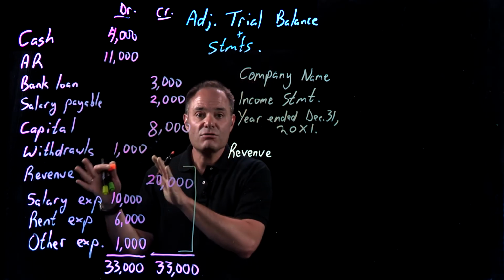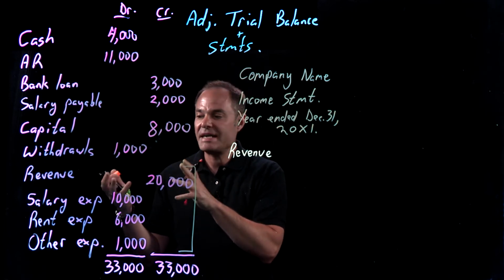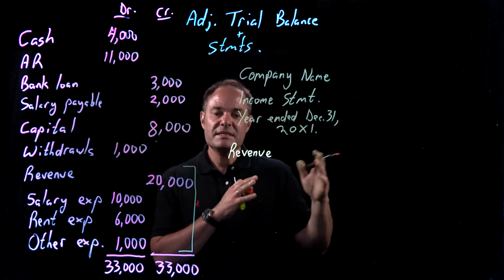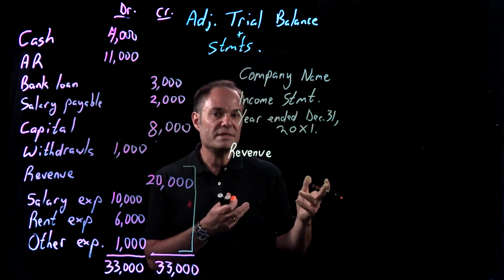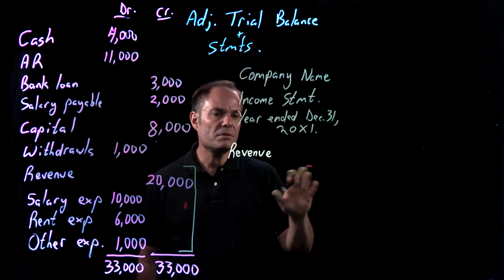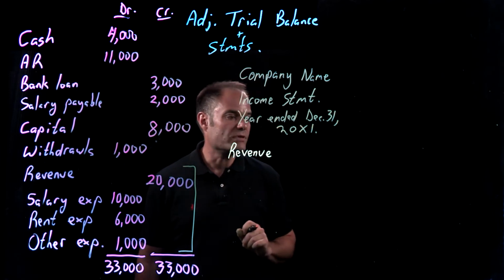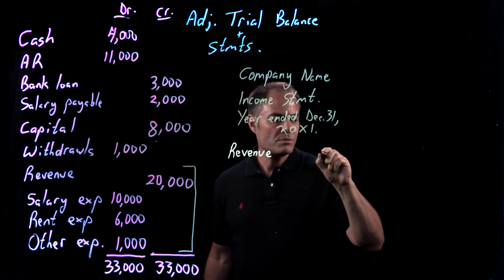We can put debits and credits on a trial balance because that's for accountants or finance people to look at, so we know what that means. But income statements and other financial statements are for the general population, and they don't necessarily know what debits and credits mean. So even though we might have multiple columns, the columns are not representing debits and credits, they're just to make things easier to read. So revenue, $20,000, we'll put that in.